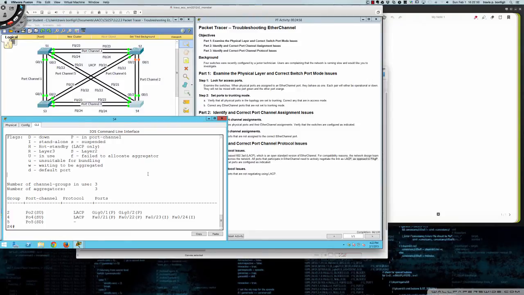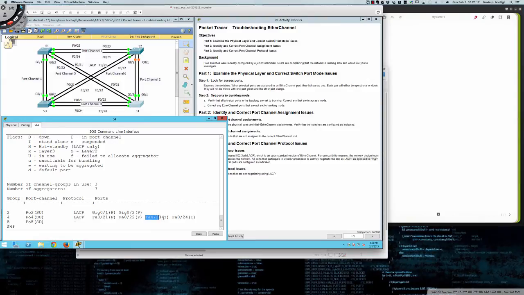So if I lower this a little bit, or actually we'll bring this up a little higher, there we go. So on switch 4, I've got gig 0/1 and gig 0/2, and those are in the up state, right? Those are in the port channel, and those look great. So gig 0/1 and 0/2 going up to switch 2, those guys are fine. However, let's look at port channel 4 here, where we have interface FA0/21 and FA0/22, and those go across to switch 1, and those are good.